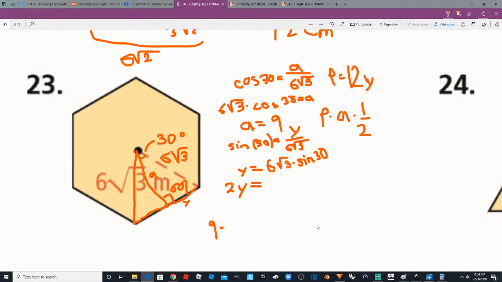Cos of 30 is equal to x. I'm just double checking my math here.